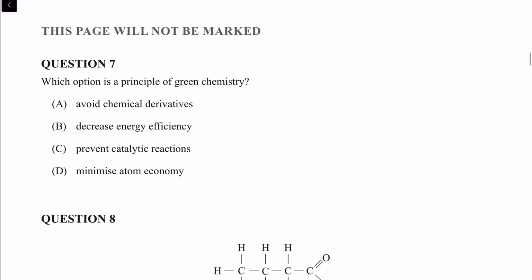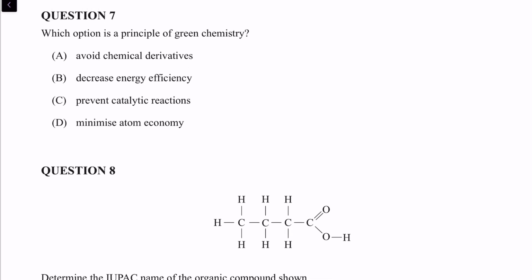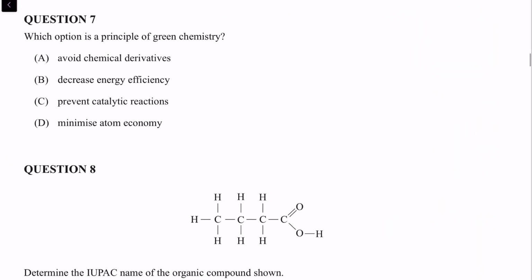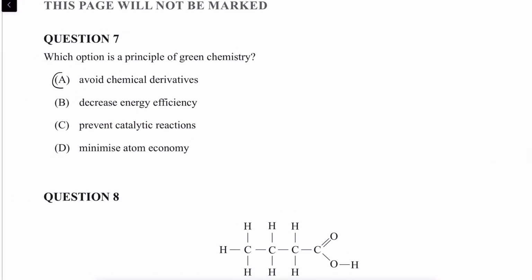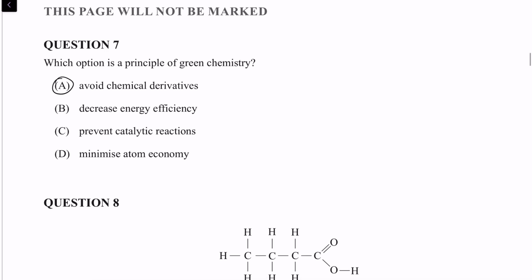And question 7 is, which option is a principle of green chemistry? Well, the answer here really is just A, and the reason for that is green chemistry. If you just think of green as less waste, less energy, fewer steps.